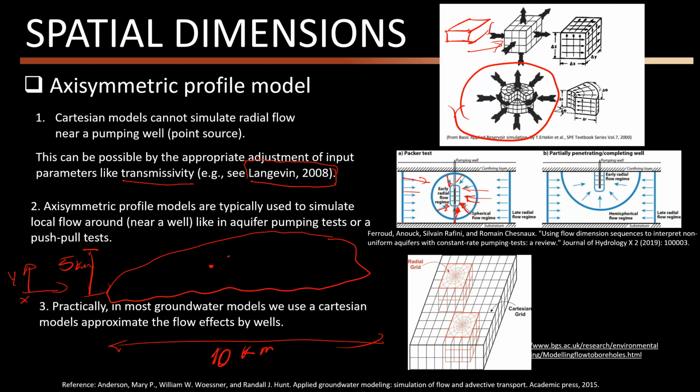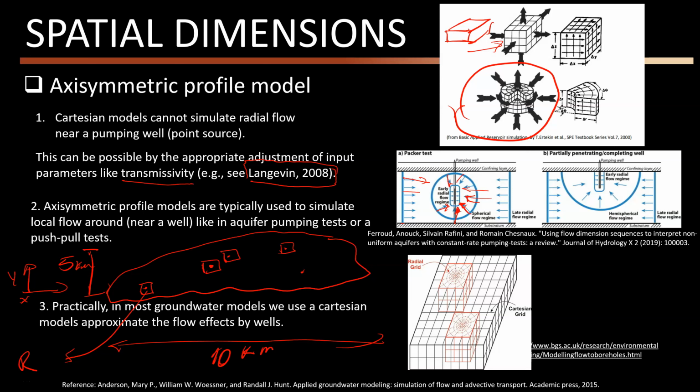If I have a few wells like this, then if a well sits in this cell, I can assume a local recharge term in that specific cell which models the impacts of pumping at that scale.